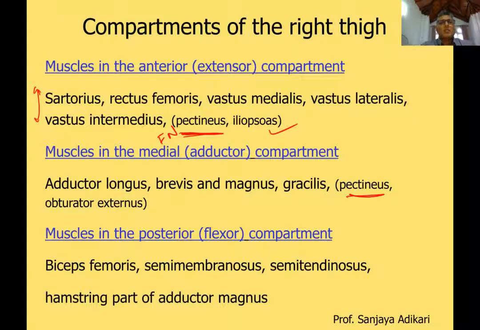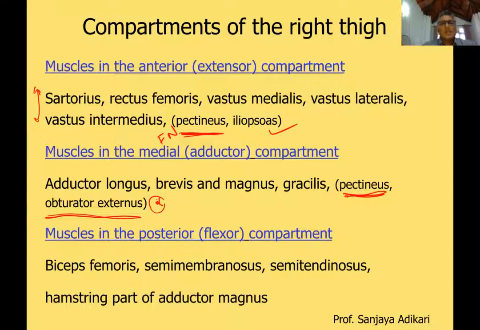Most of the time pectineus is also supplied by the femoral nerve, but sometimes it is supplied by the obturator nerve. For that reason, people label it under the adductor compartment as well. It doesn't matter. Then the obturator externus is supplied by the posterior division of the obturator nerve, so it's fair enough to include it under the adductor compartment.